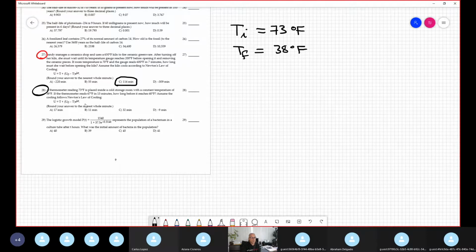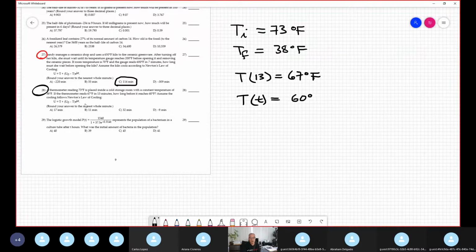If the thermometer reads an arbitrary temperature, okay, by the way, it's 13 minutes and 67. This is condition 1. Entonces, how long? I need to find the time when the temperature is equal to 60.